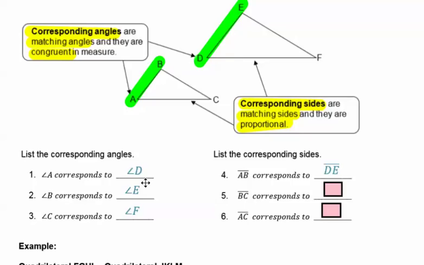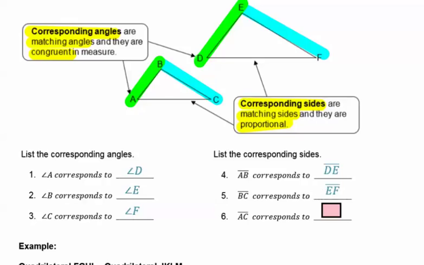It's very, very important. Next, let's look at BC. B matches with E, so we have to start with E, and then it goes to EF. So BC corresponds with EF. And again, order matters. If we had said CB, then we would have said FE.